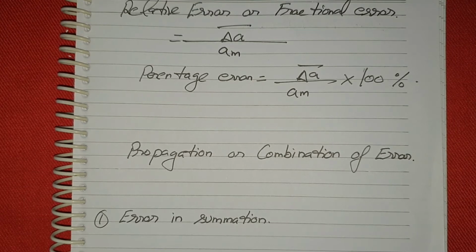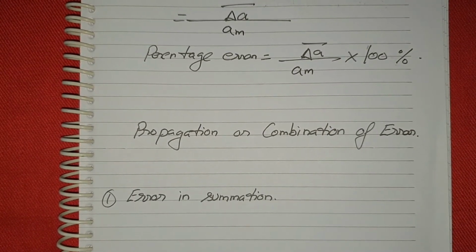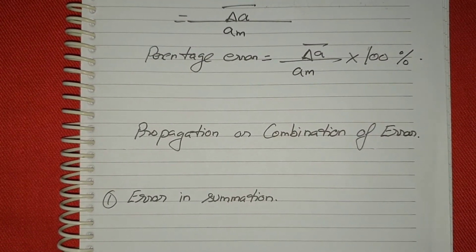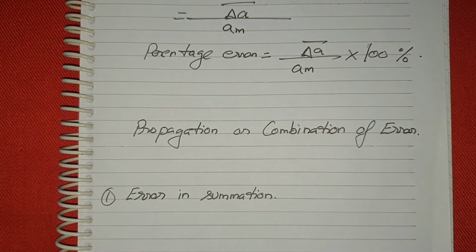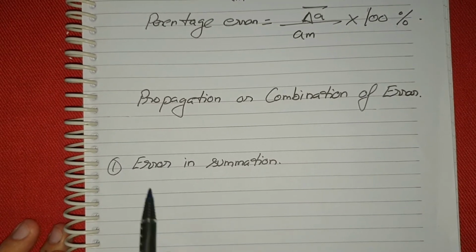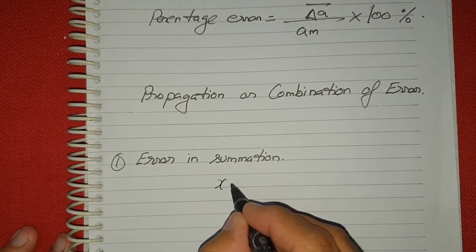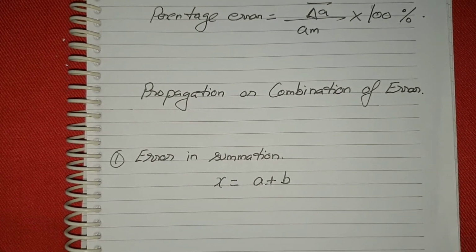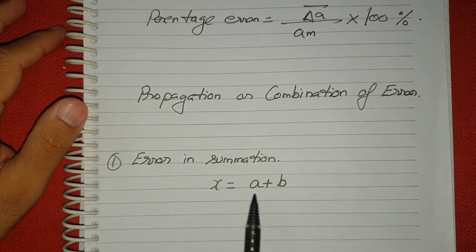Now what we are going to do in this video is discuss the propagation of error in 5 different mathematical operations: addition, subtraction, multiplication, division, and raising to some power. So error in summation is basically the addition one. Now suppose we get a quantity x which is the result of a plus b, meaning we are getting x by adding a plus b.